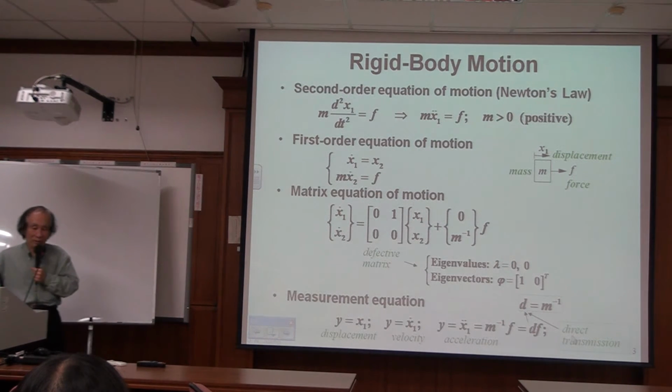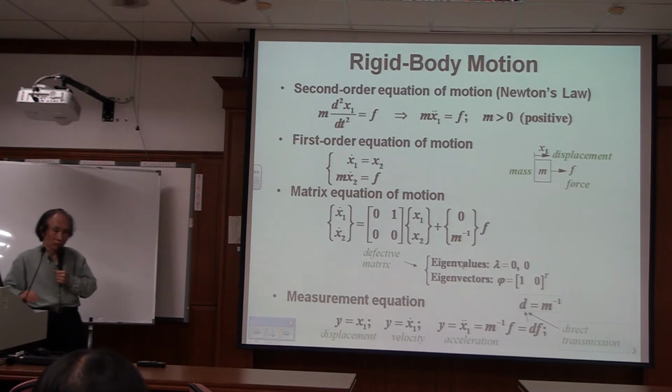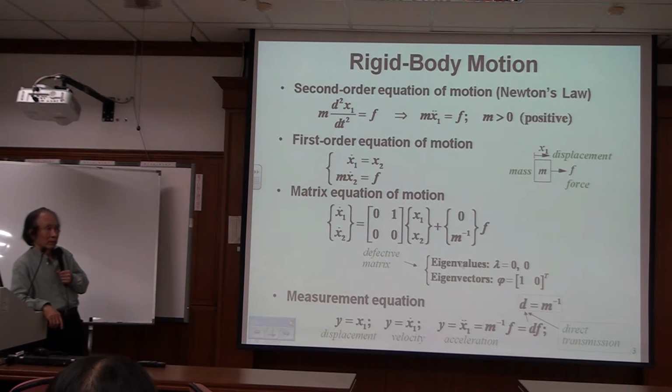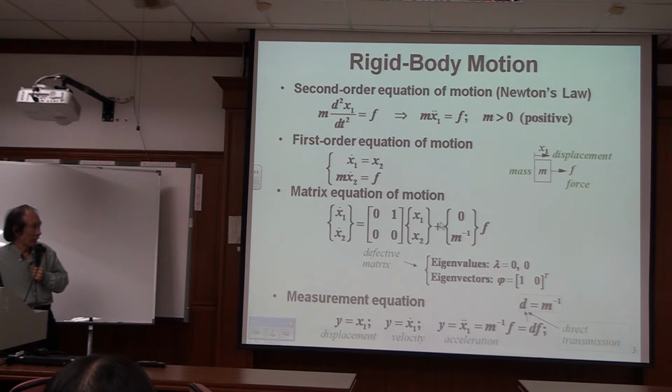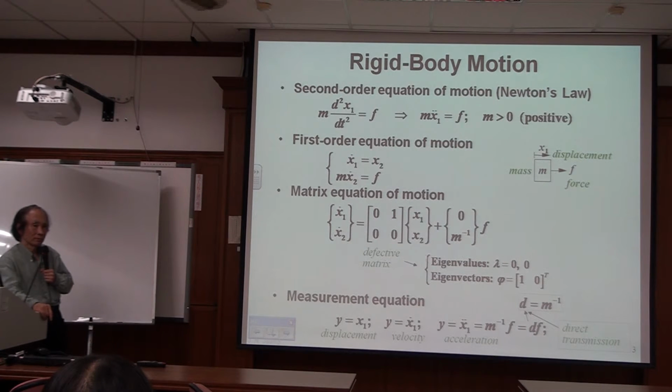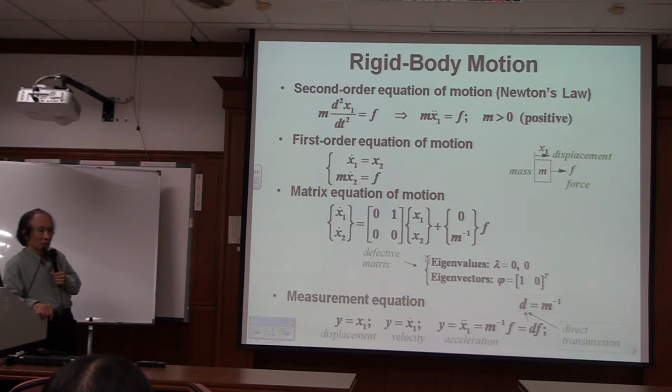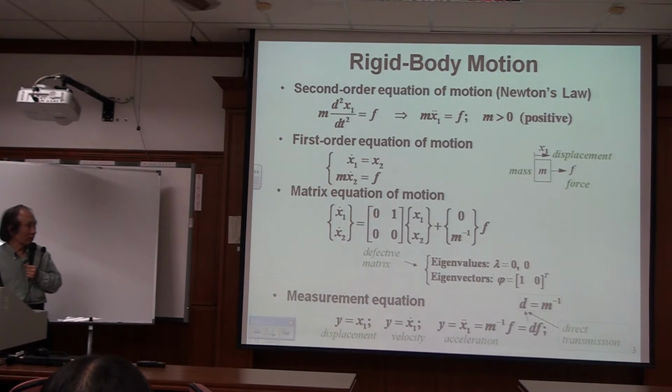Now, in the control design, these matrix equations of motion we call state equations. Our states: x1 is a state, x2 is another state. So in here we have two states. State means S-T-A-T-E. So in the control area, we have two equations. One is the state equation, the matrix equation of motion. We have the measurement equations.